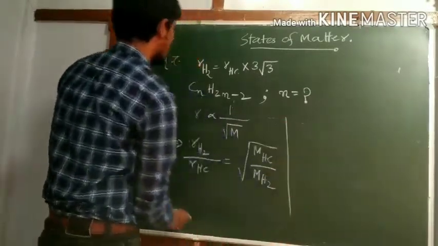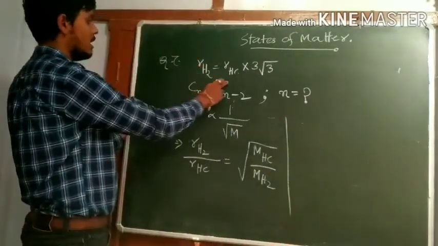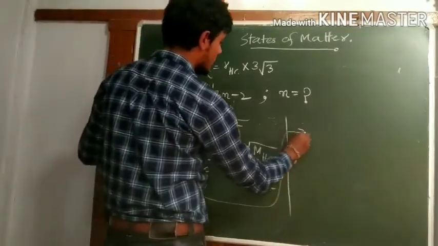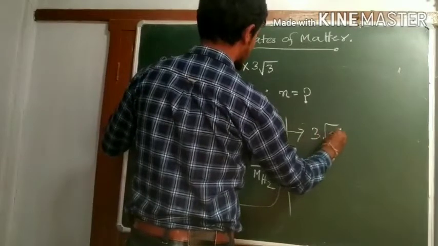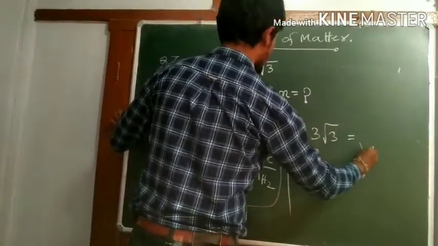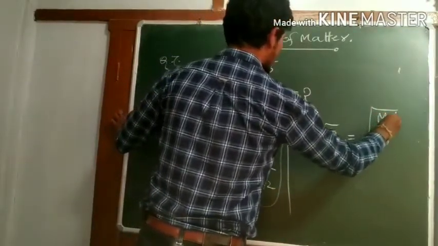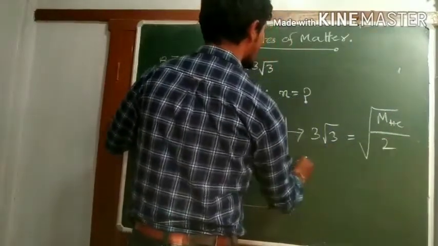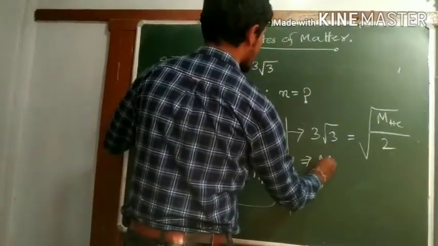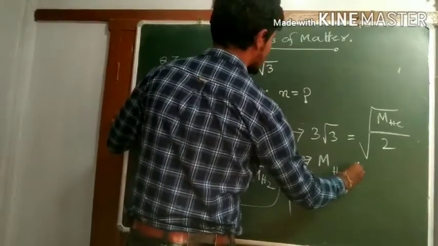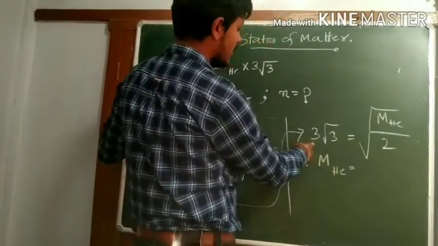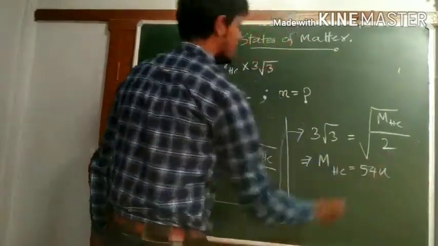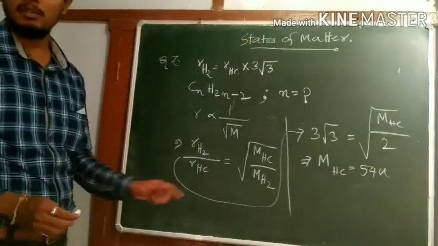This is 3√3, and molecular weight of hydrogen is 2. So molecular weight of hydrocarbon equals 3√3 whole square, which is 27, into 2 equals 54. So the molecular weight of the hydrocarbon is 54 u.